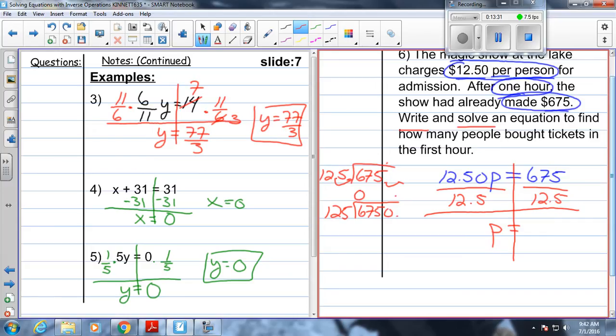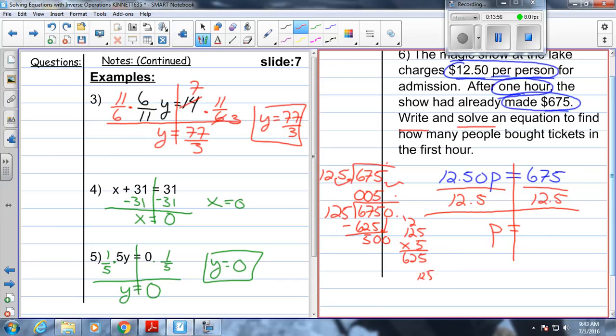And 125 goes into those 0 times. Remember, I like to show that guess and check method for long division. I don't know all the multiples of 125, so I don't expect you to either, but it is good to try it out and see. Oh, okay, so that worked. Bring down the 0.